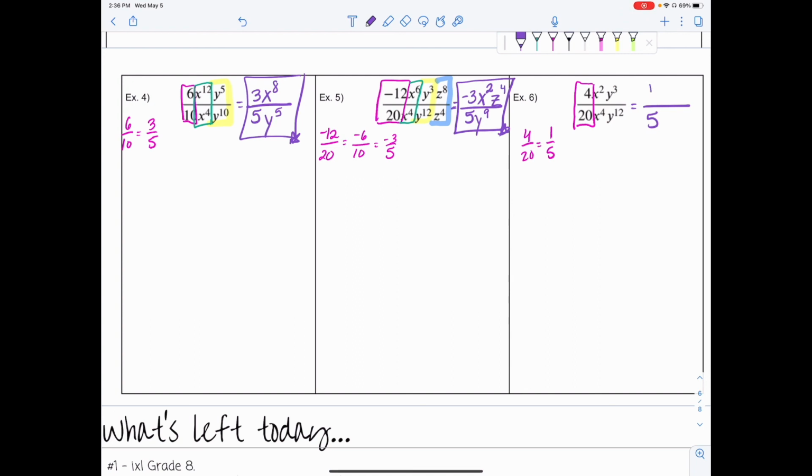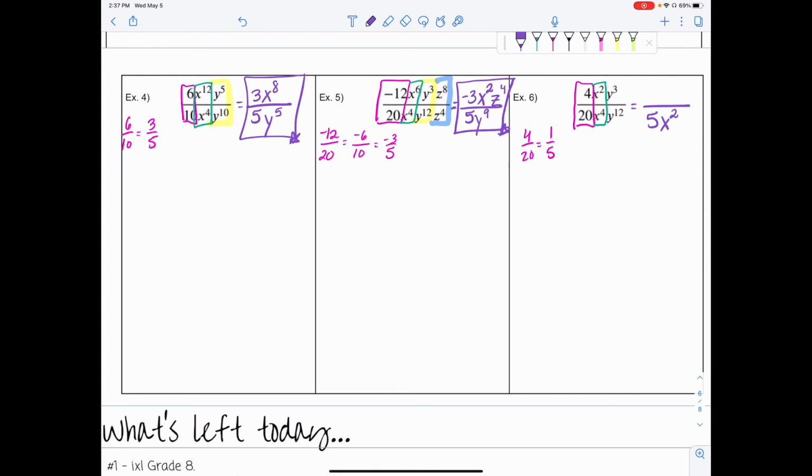Some of you might put the 1 and then erase it later if anything else ends up in the numerator, or you could wait until the end to see if there's a need to put the 1 or not. So if we look at our x's, x is going to end up in the denominator because 4 is bigger than 2, and then if we subtract our exponents, we get 2.